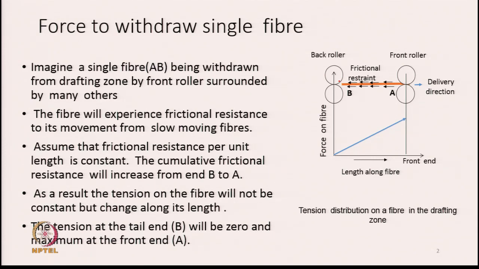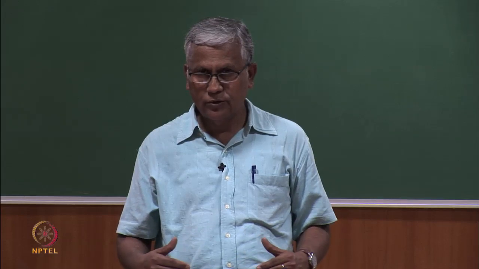The fiber will not be at constant tension, but the tension on the fiber will change along its length. The tail end of the fiber will have minimum tension, and as we move towards the tip, tension is going to increase, because more and more fibers are trying to oppose it.